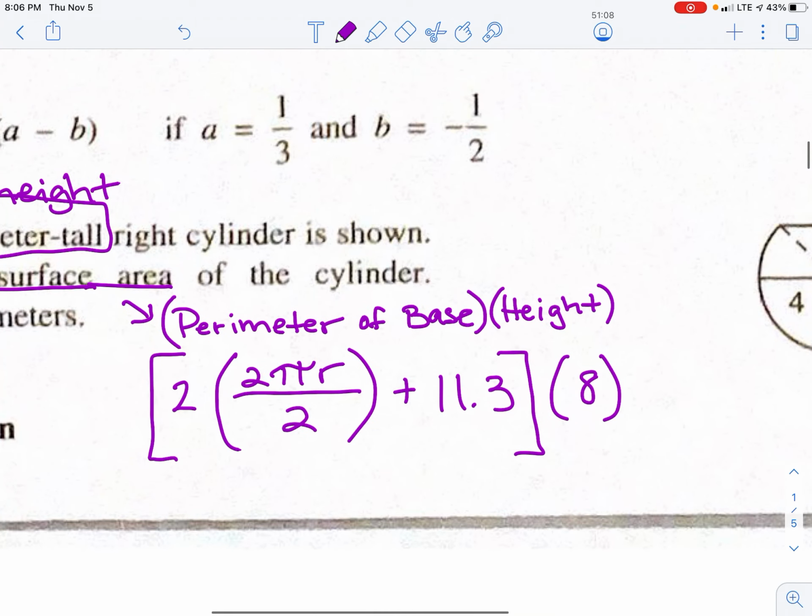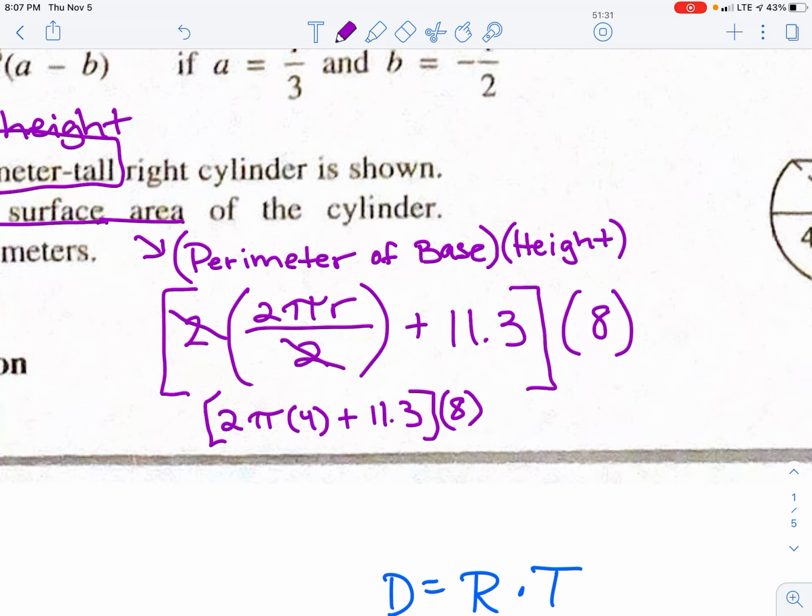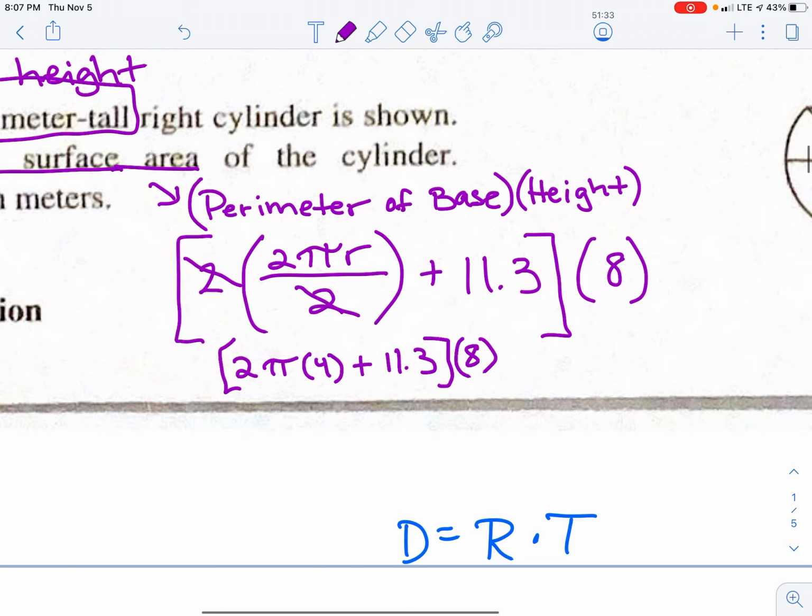Hopefully I have enough room that I can do it right here. Alrighty, so here we go. I can cross out these 2's. I'm going to end up with 2 pi r, but I'm going to put something in for the r. I'll use pi as pi for just a moment, and the radius was 4, right? So we'll put a 4 here, plus 11.3, and all of that gets multiplied with the height, all of it.